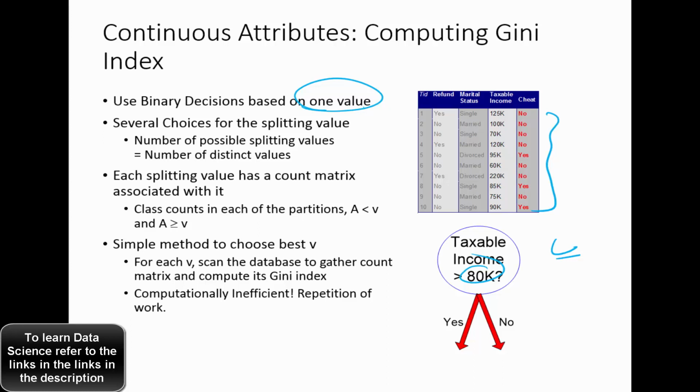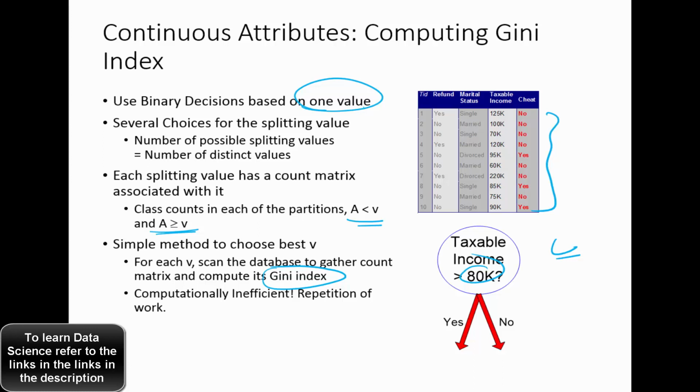Any number between the smallest and the largest one could be a potential threshold. How do we come up with that? Each splitting value has a count matrix associated with it: class counts in each partition. So what is that value for which you get the best classification? We have found out that to be 80, and using Gini index you can find it out.